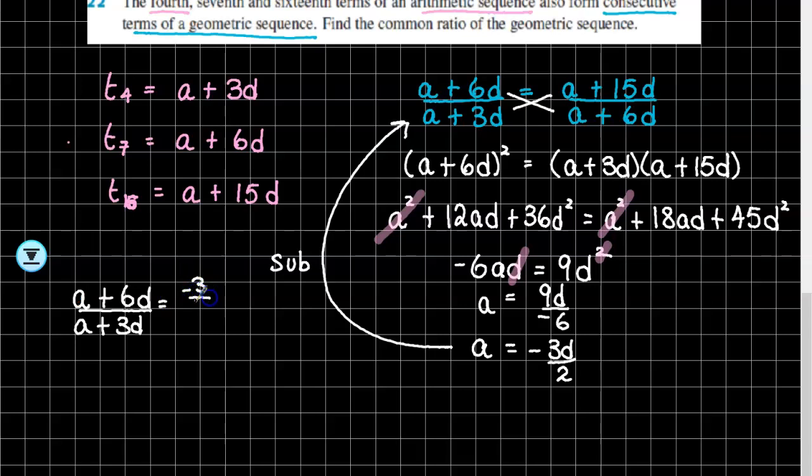Minus 3 over 2 D plus 6D. Can't I just pull out the D as a common factor? And I'd be able to do the same on the denominator. So what actually happens is all these D's cancel out, because I'm technically pulling it out as a common factor.